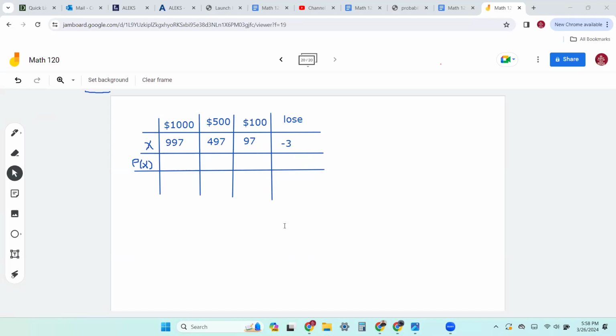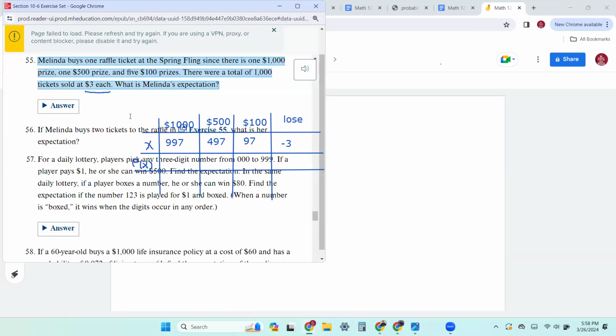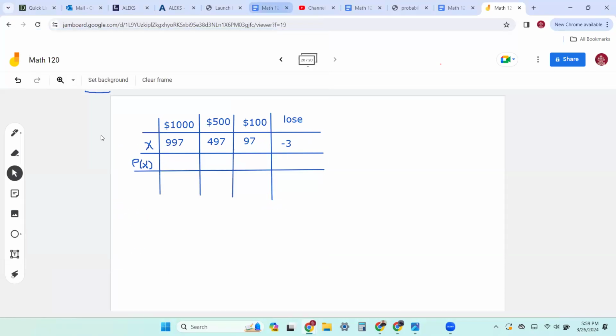All right, now let's go back over and figure out the probabilities of each one of these. There are 1,000 tickets sold at $3 each. We've already used the $3, but the 1,000 is what we need to figure out our probabilities from. So what's the probability of winning this one? Well, it's 1 over 1,000, right?